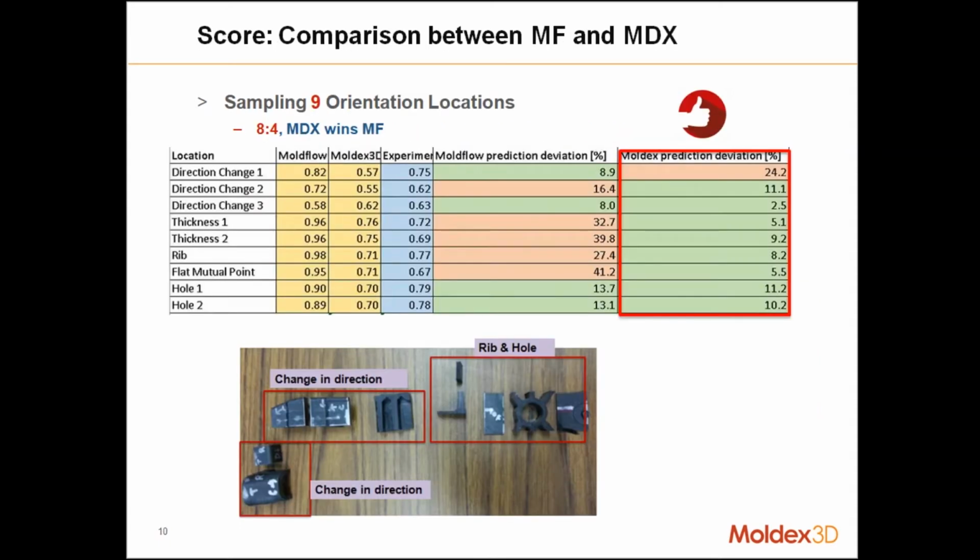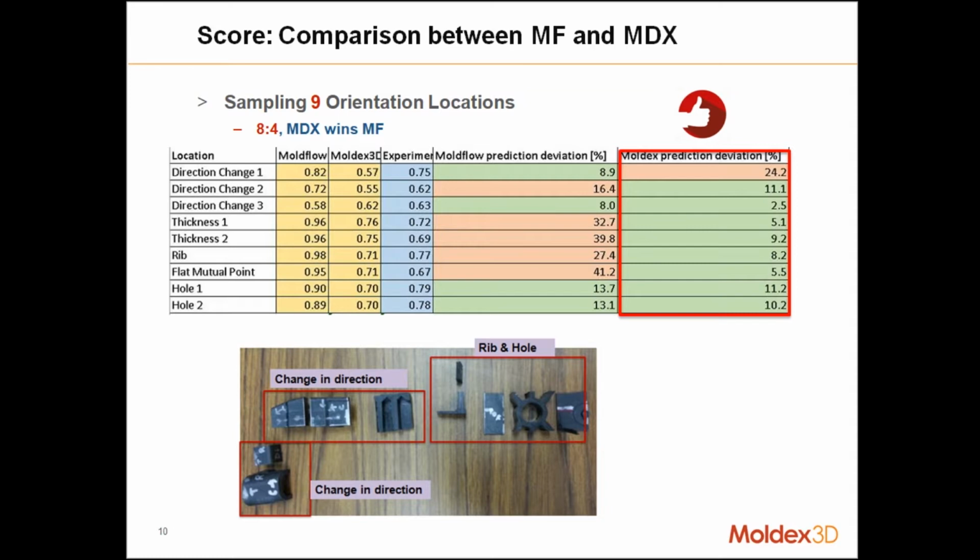So this is the result in the end. After checking the simulation result against the experimental data and also comparing with Moldflow, the criteria is that if there is a 15% difference between the simulation and the experiment, this result is out.